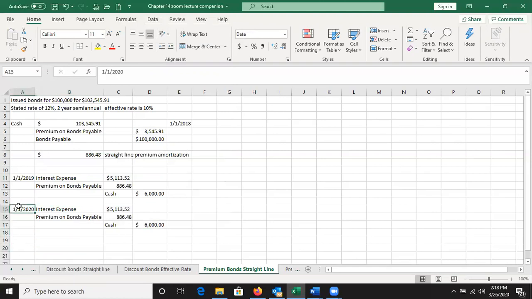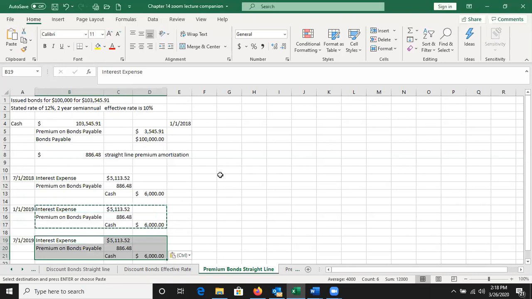My apologies, this is semi-annual. So if we initially did this January 1st, 2018, this would happen on July 1st, 2018, and then the second payment would happen on January 1st, 2019. Then the third payment would be July 1st, 2019, same journal entry.